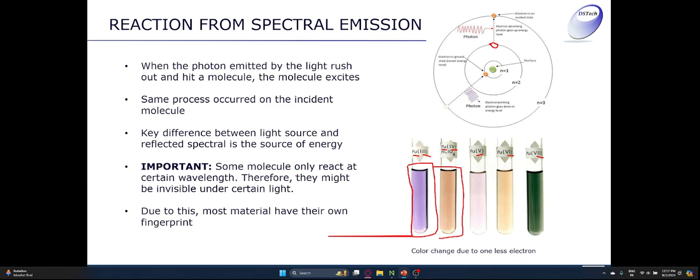Then you do some measurement or you heat up the molecule, the compound, and you know right away that the compound will be different, not different in color, just different in molecular structure.